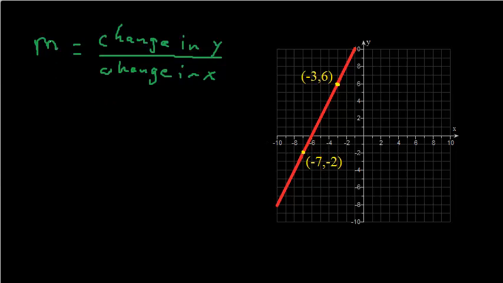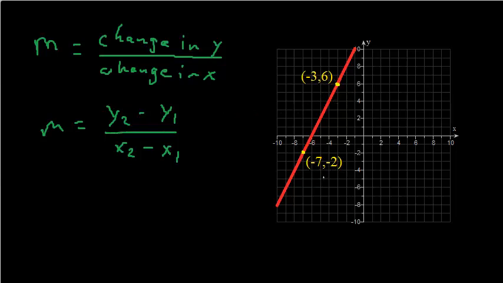If we want to then calculate the slope, we just find the differences between the y's and x's of 2 points on a line. So my slope then, the formula for that is going to be y2 minus y1 over x2 minus x1, where y2 is just the second y point.